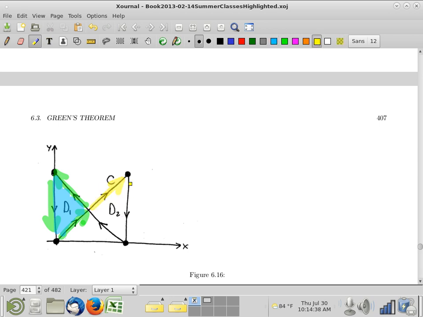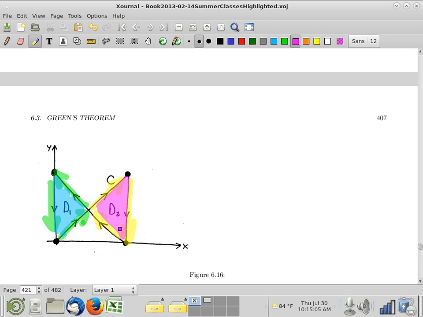Awkwardly, these other three pieces of curve are kind of going the wrong direction, right? And so they're going clockwise around D2. The good news is they're all going the wrong direction, and so in fact, the boundary of D2 is the exact negative of the sum of these three yellow curves.